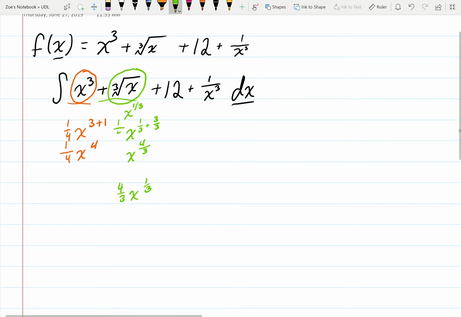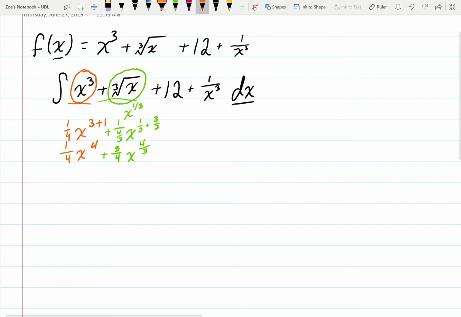So 1 over 4 over 3, which is the same thing as 3 over 4. If you take the derivative of this, you're going to get 3 over 4 times 4 over 3 x to the 1/3, and you can see that these cancel.